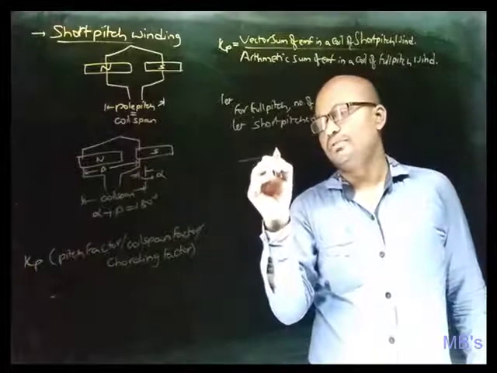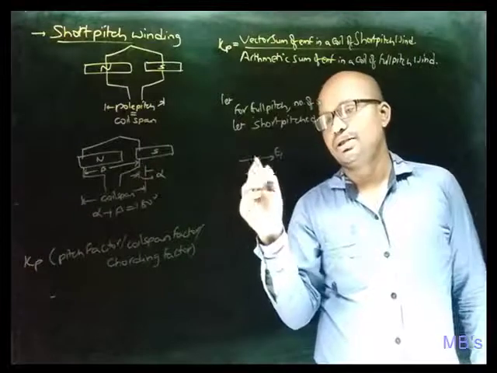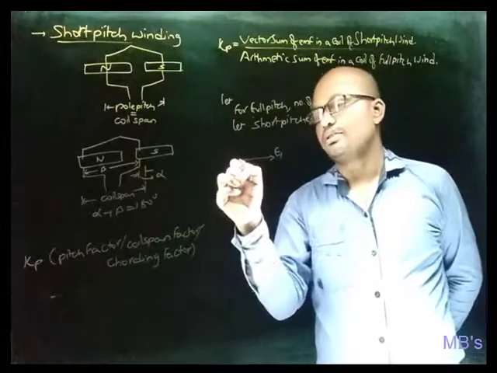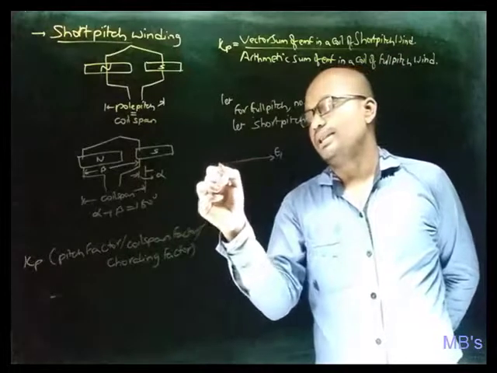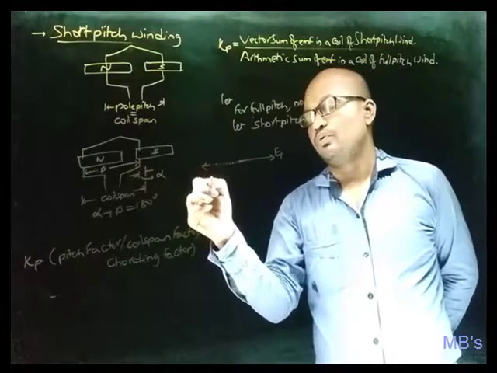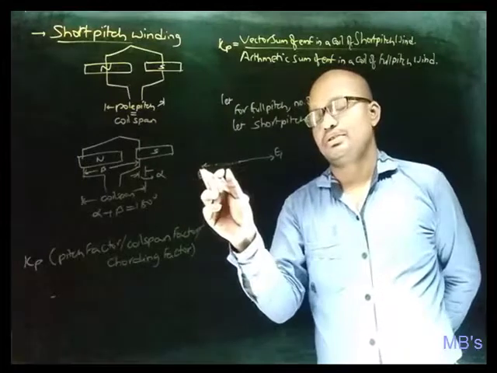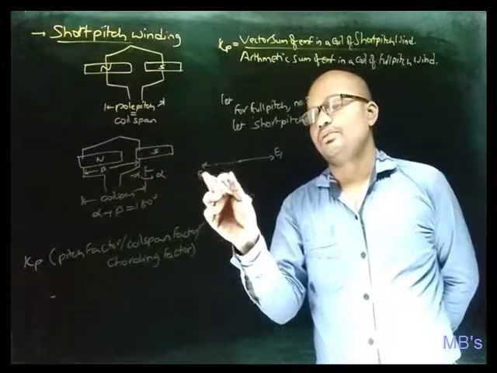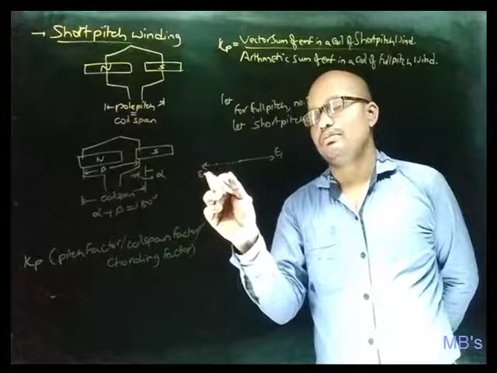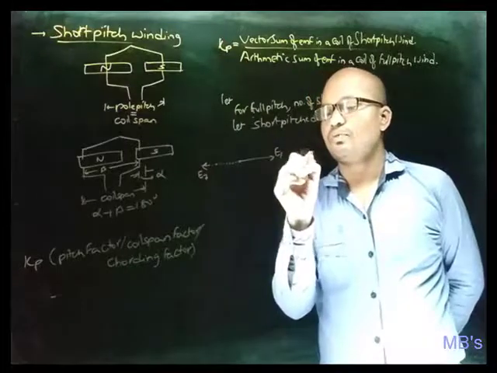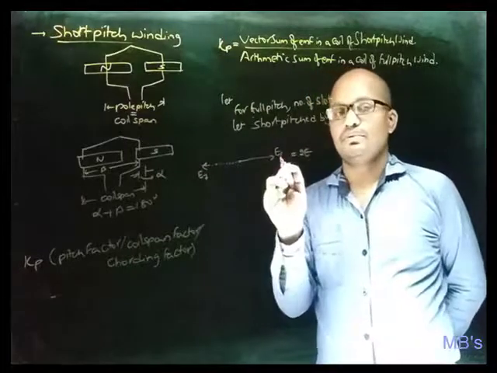If this is the EMF induced in a conductor of a coil which is placed in the first slot, and if the winding is full pitch, then the EMF induced in the conductor which is placed in the 7th slot be E7, then the resultant is equal to the sum of both EMFs.